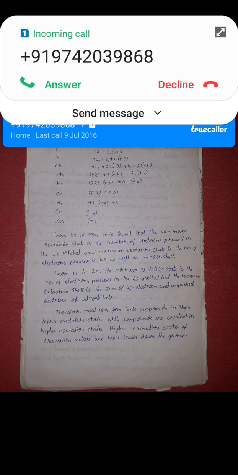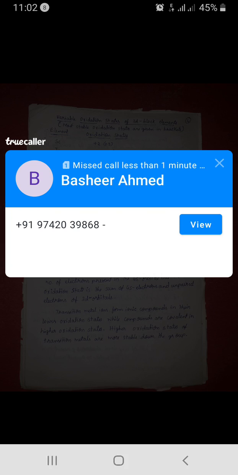For scandium you can see +2, since 4s is already filled, and +3. For titanium you have +2, +3, +4. Vanadium has +2, +3, +4, +5. Chromium starts from +1, because the atomic number is 24, so one electron from the 4s orbital jumps to the 3d subshell to make it a half filled 3d subshell, and one electron remains in the 4s subshell.